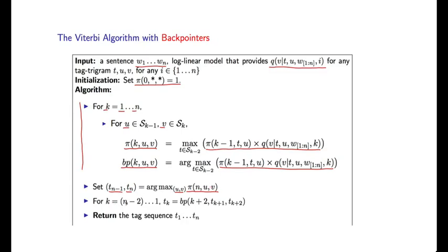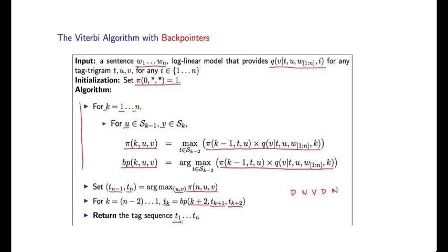And then I work backwards through the sequence from position n-2 down to 1, at each point saying the kth tag is equal to the back pointer for position k plus 2 with t_{k+1} and t_{k+2}. So I'm essentially working backwards through the sequence, first recovering the last two tags, t_{n-1} and then t_n, and then filling in the previous tags one by one backwards through the sequence.